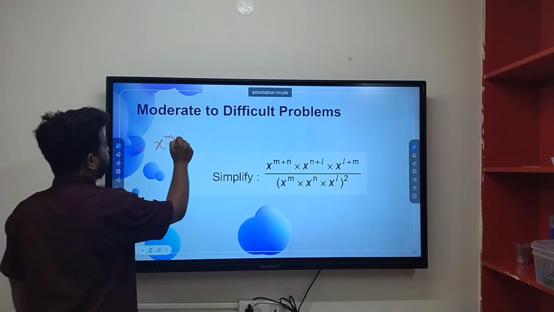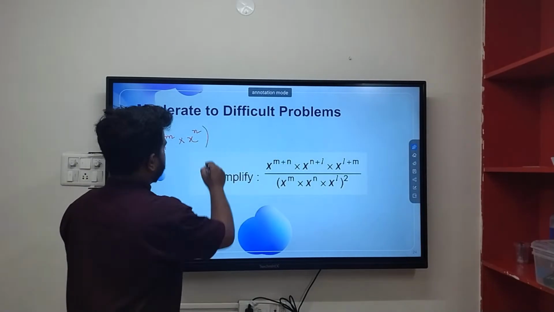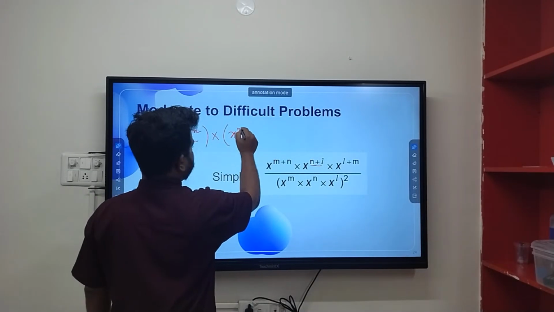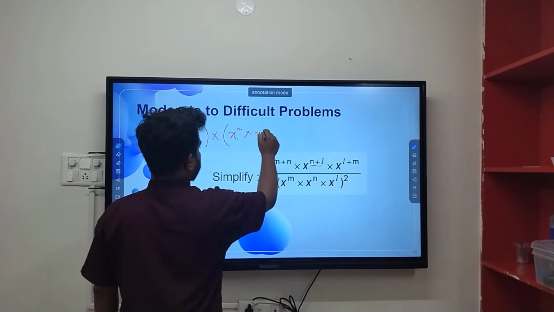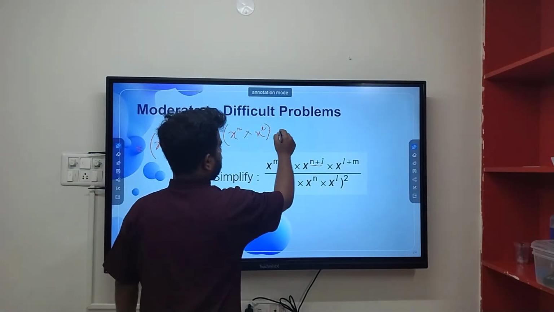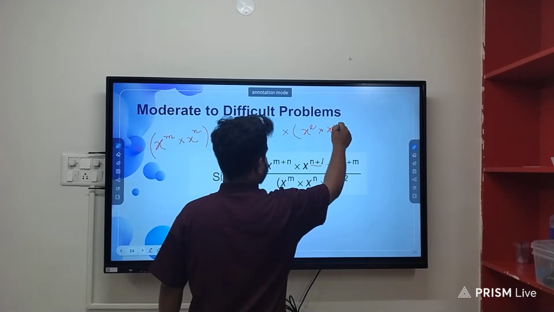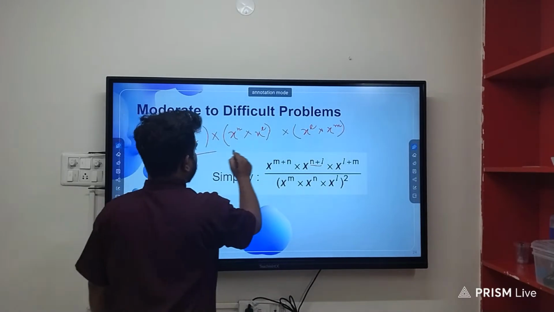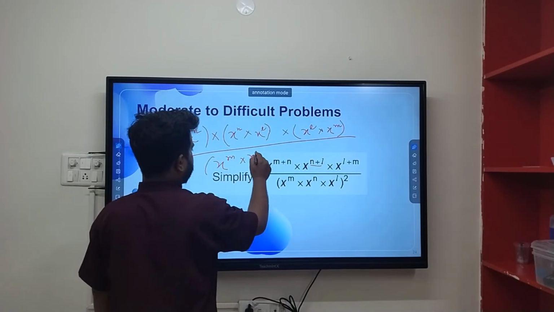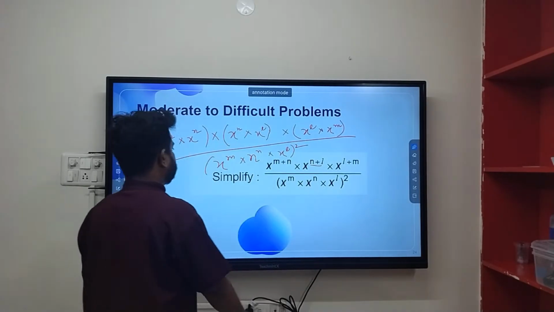So x to the power m into x to the power n, this term can be written like this, multiplied by this term, which also can be broken down like this. And in the down position there will be x to the power m into x to the power n into x to the power l and its square.